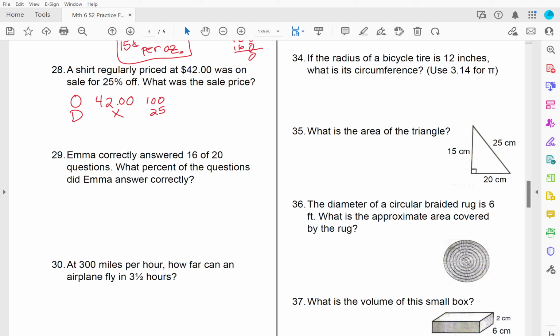Alright, so we cross, there we go. First we're going to reduce the 100 over 25. So we end up with $42 over X equals, if I reduce this, it's 4 over 1.